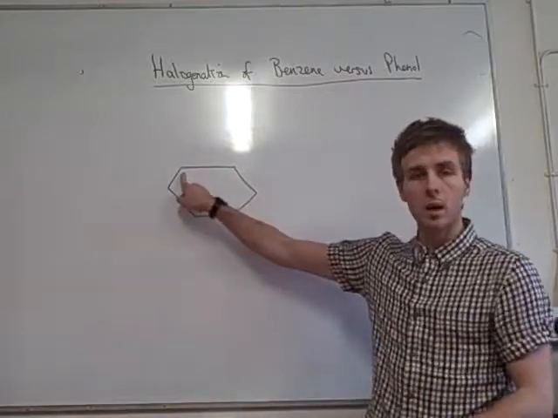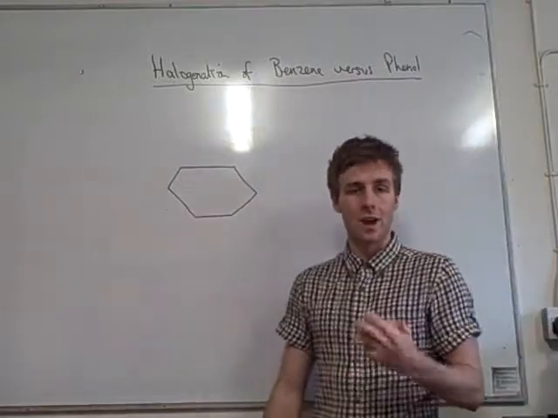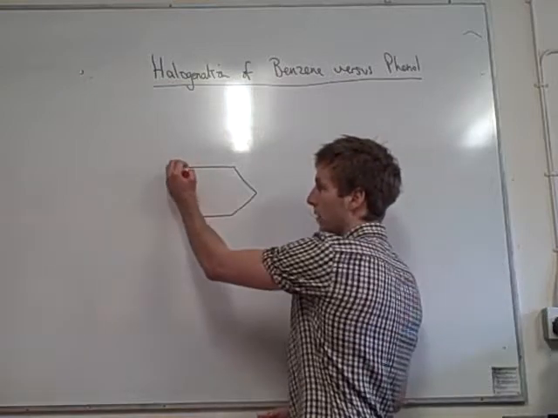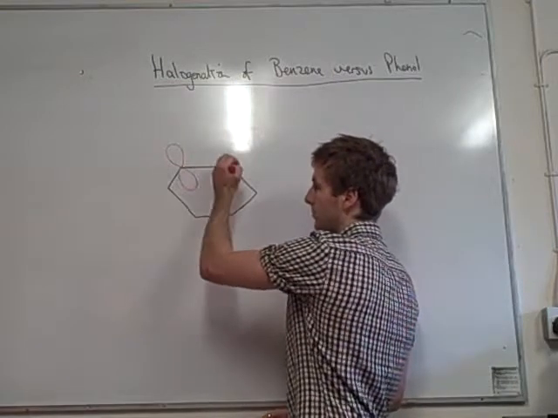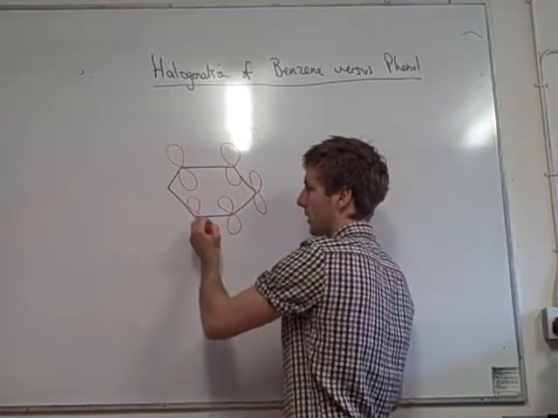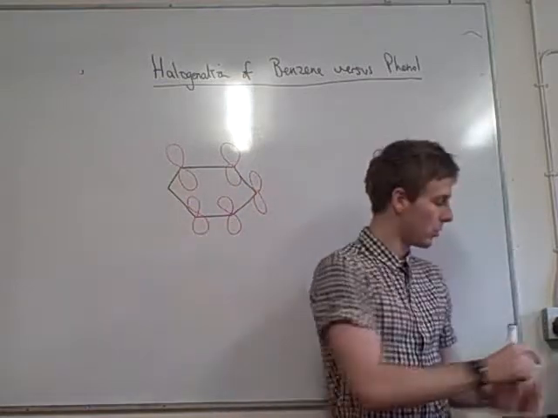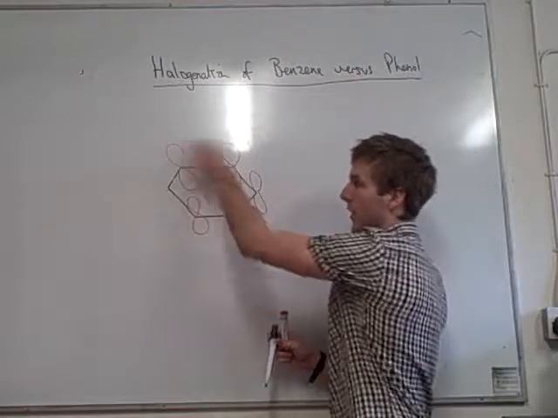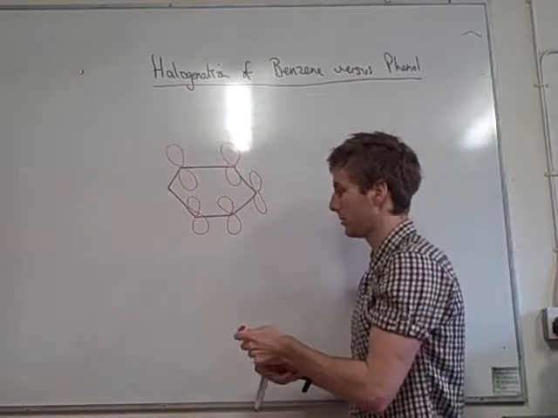Benzene ring is 6 carbons. Each carbon has a hydrogen attached. And we have got a p orbital in each of our carbons, and what these p orbitals do is they all overlap with each other.